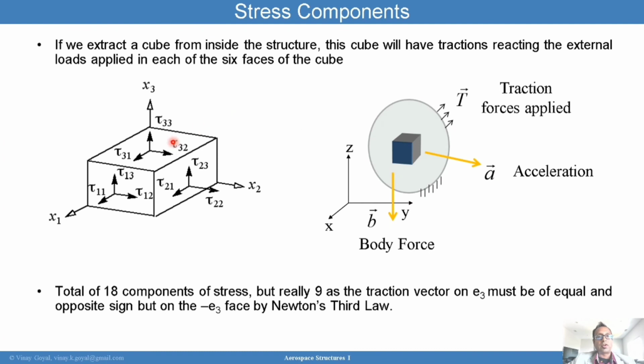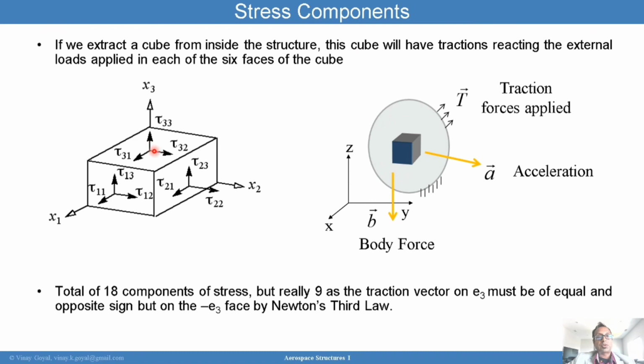There's a total of 18 components of stress, but really 9 of them are independent. If you think about it, a traction vector applied on this surface must be equal and opposite sign to the traction vector on the opposite surface. And the reason is because of Newton's third law. So therefore, tau 3,3, if it's oriented this way, must be equal and opposite in the opposite phase.